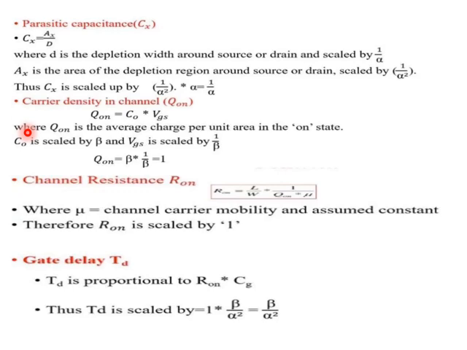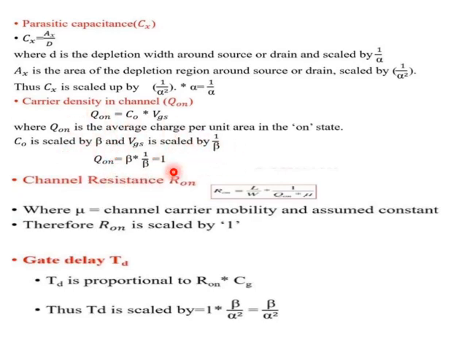Carrier density in the channel is usually quantified by C0 multiplied by VGS. C0 is the COX, that is capacitance per unit area. So carrier density per unit area in the on state is scaled by a value of beta, C0 is scaled by a value of beta, and VGS is scaled by 1 by beta.